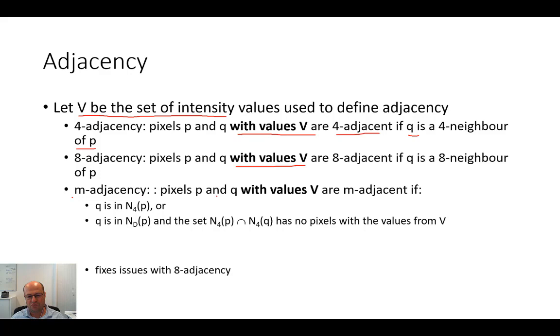We say that pixels P and Q with the same values are M adjacent if Q is in the 4 neighborhood of P, or Q is in the diagonal neighborhood of P and the intersection of the 4 neighborhoods of P and Q has no pixels with the same value.